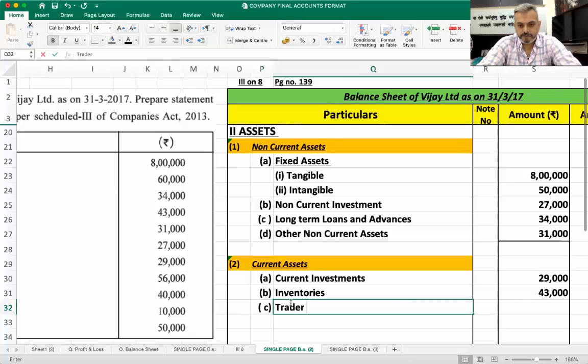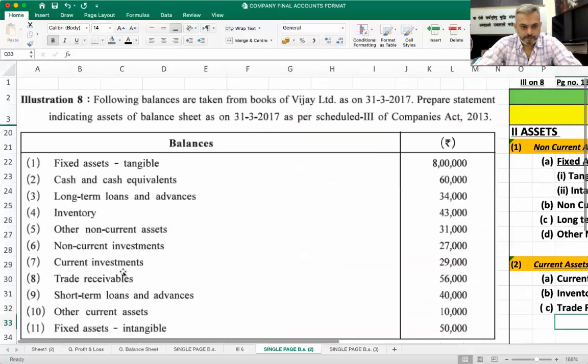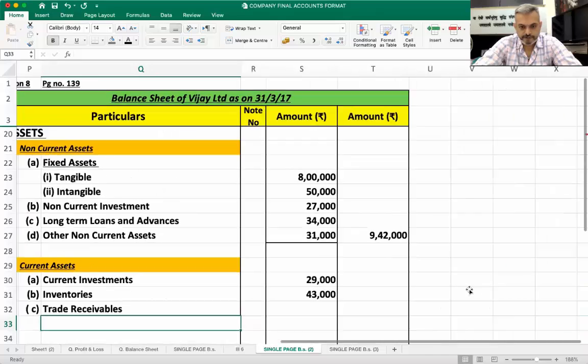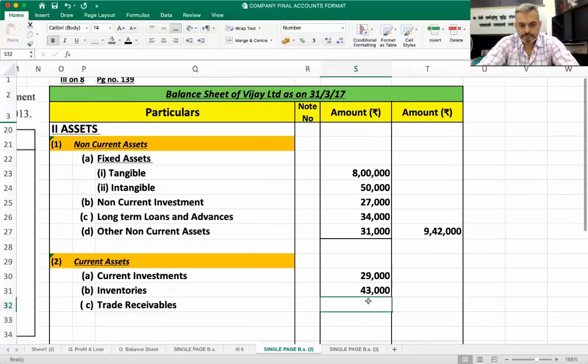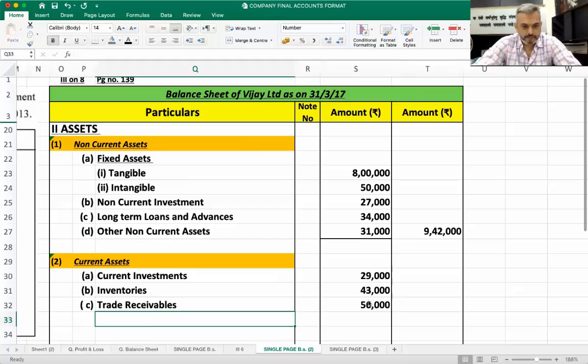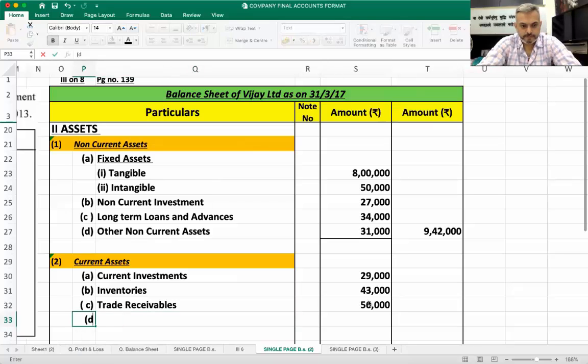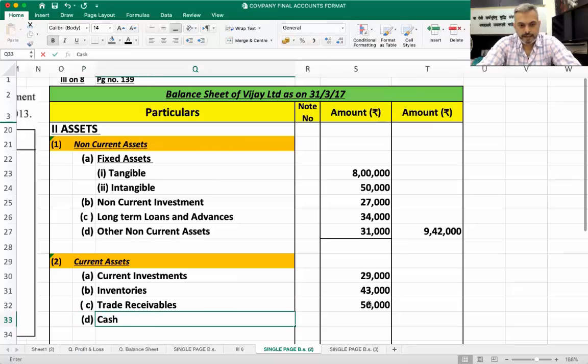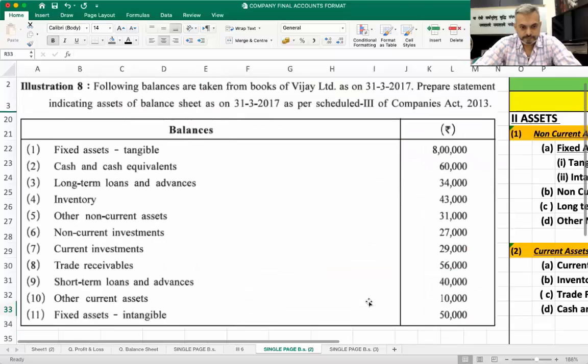Trade receivables, we have trade receivables 56,000. Cash and cash equivalent 60,000.